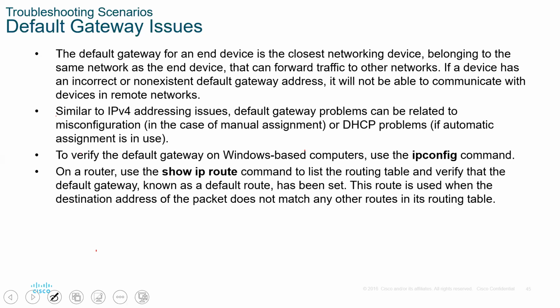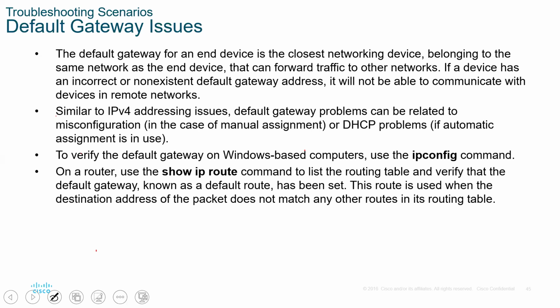Default gateway issues. The default gateway for an end device is the closest networking device belonging to the same network as the end device that can forward traffic to other networks. If a device has an incorrect or non-existent default gateway address, it will not be able to communicate with devices in a remote network. Similar to IPv4 addressing issues, default gateway problems can relate to misconfigurations, right?